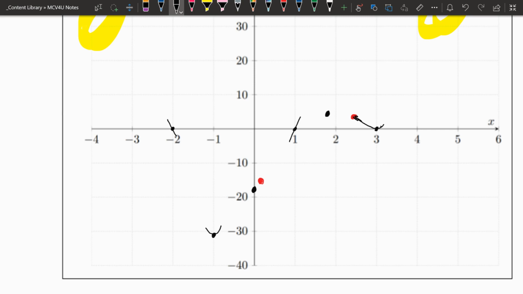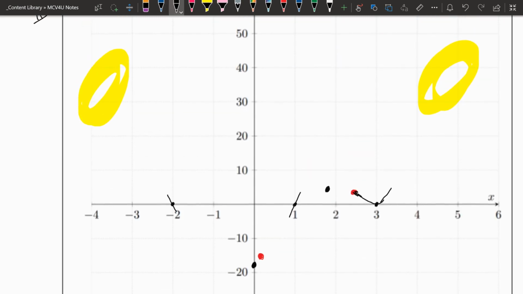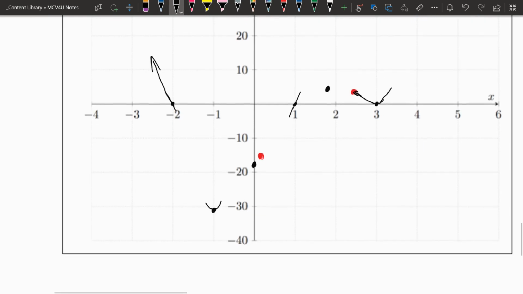Okay, so I think we've got what we need, right? So we start at quadrant 2. Let's just draw an arrow like that. We cross that x-axis. We go all the way down to our minimum point here. Turn around. And remember, we're concave up until 0.07.